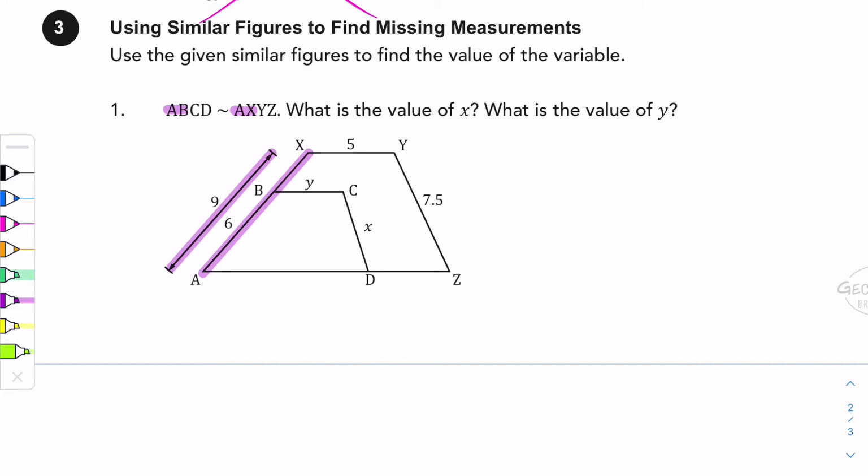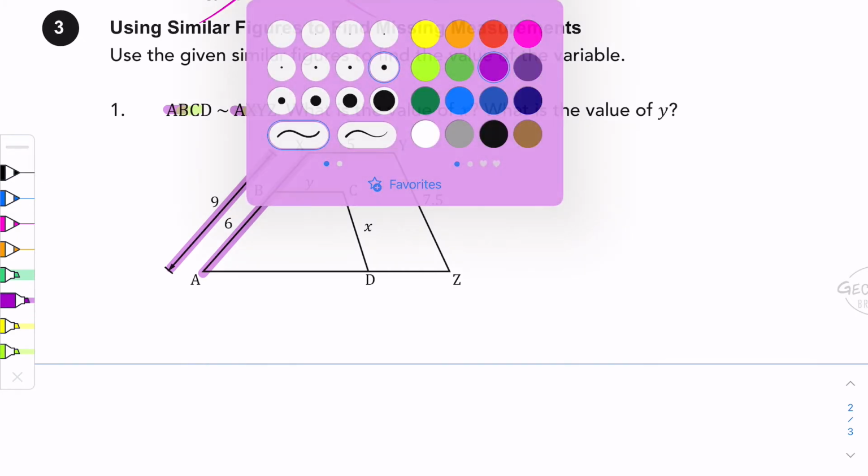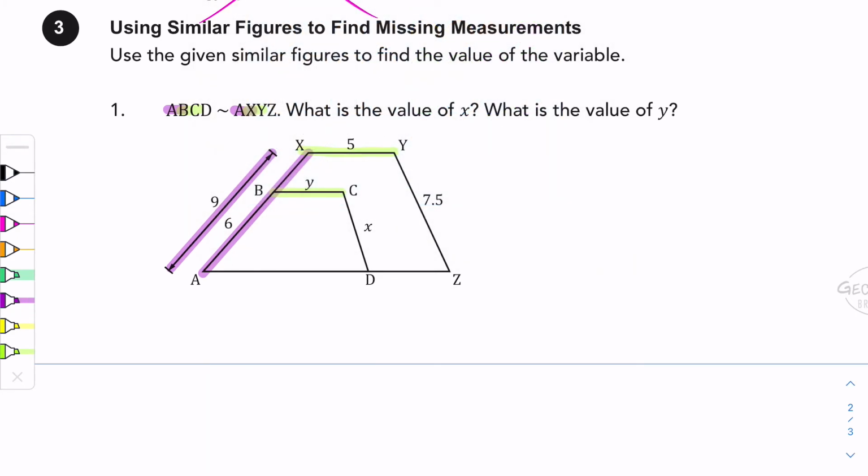I also know that segment BC is similar to XY, sorry, I said congruent again. And the last one we are looking at is CD is similar to YZ.